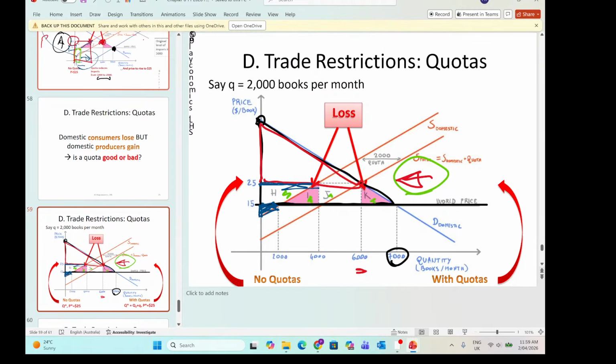We come out to the supply curve, which is the marginal cost curve, and now we've got a bigger triangle. Area H has gone from the consumer surplus to the producer surplus. That's been transferred.